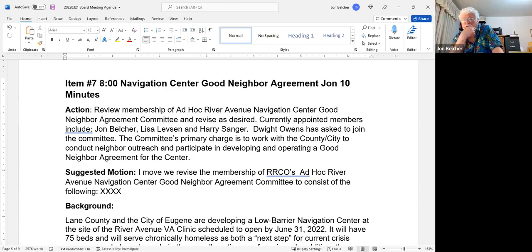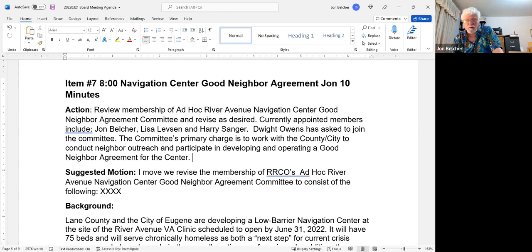Yeah, I think there's two tasks. The one is to get the center up and running, and that is the RFP approval for the providers, and also developing the, well, actually, we'll do outreach first to hear what the concerns of the neighbors are. We'll work with the city, county, et cetera, to develop a good neighbor agreement.